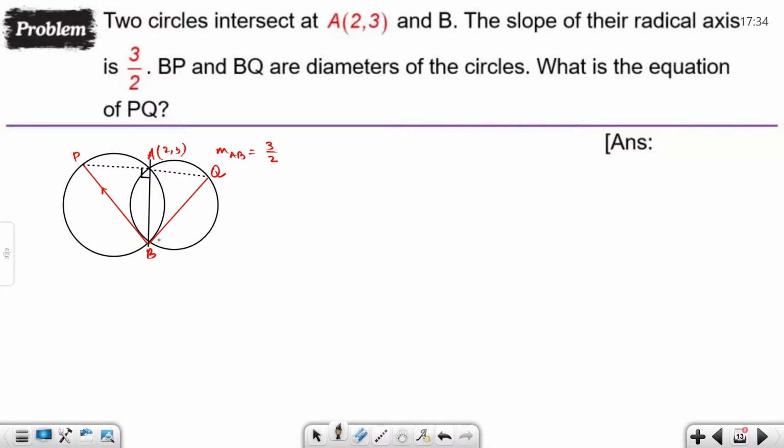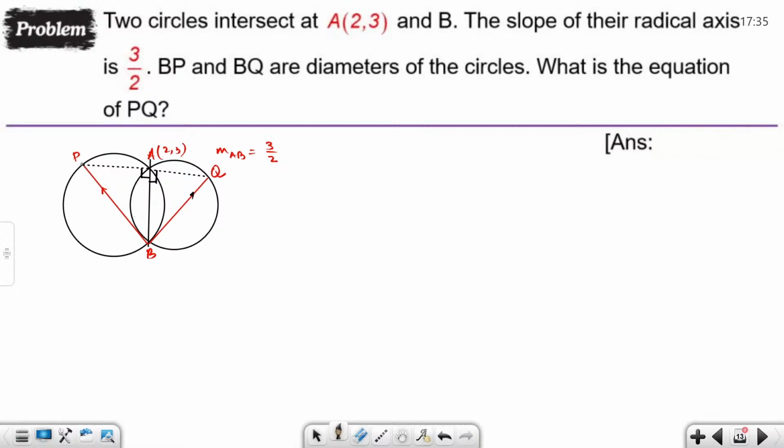Clear? In a similar way, BQ is the diameter of the second circle. So your BAQ is again going to be 90 degrees. Again, with the same logic, angle in a semicircle is a right angle. Therefore, we have proved that PAB is 90 and BAQ is also 90.